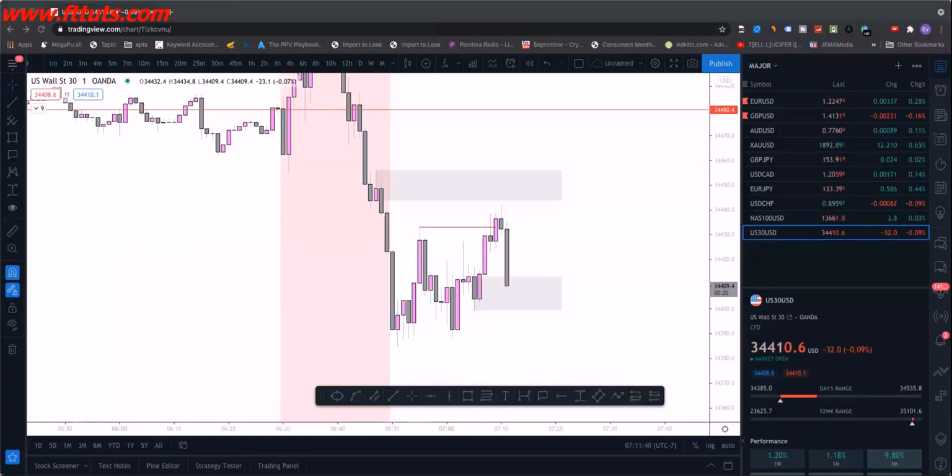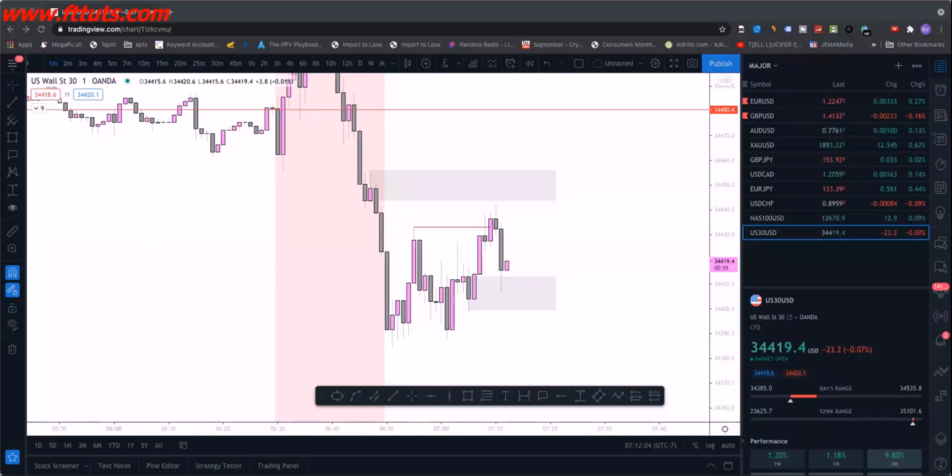So I'm going to buy that right now. Okay, cool. So just took the buy from there and going to be in and out of this trade really quick. Okay, and I'm out of that trade.